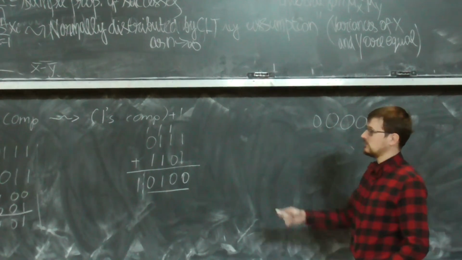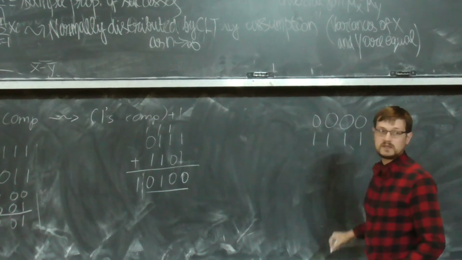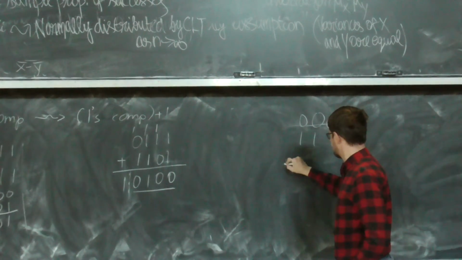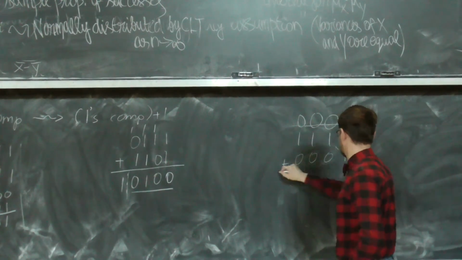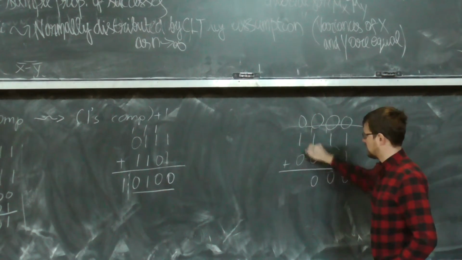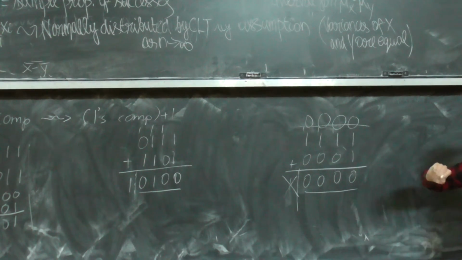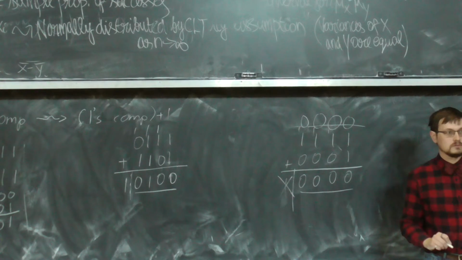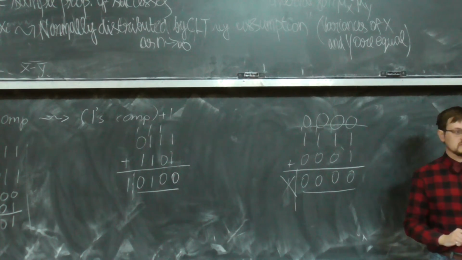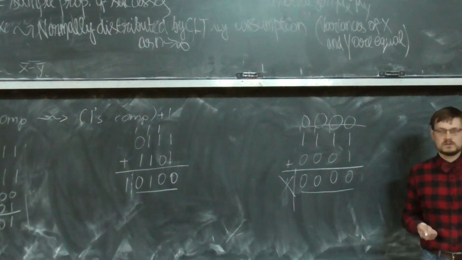So the first thing we do, flip all the bits. There we go. The next thing we do is add 1. So that'll be 0, 0, 0, 0, 1. Throw that off, and boom, you're right back where you started. So there is only one representation of 0 under 2's complement arithmetic, and it is the one that you would expect. Does that make sense?